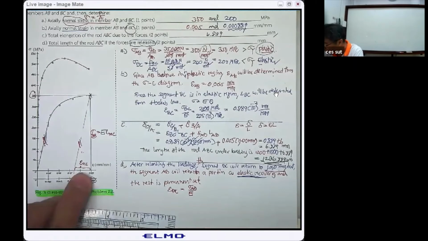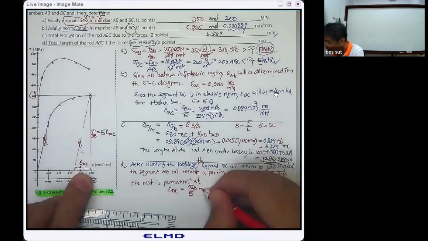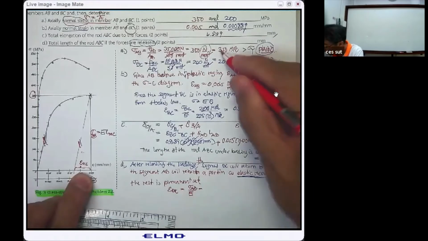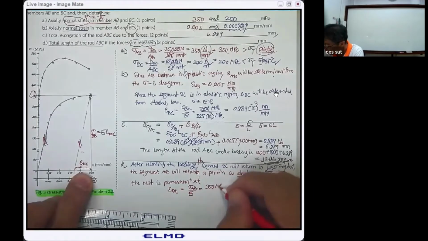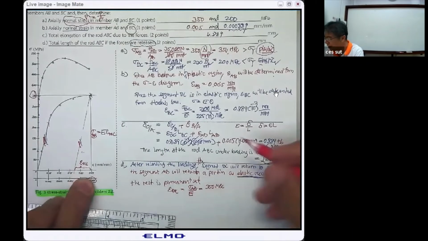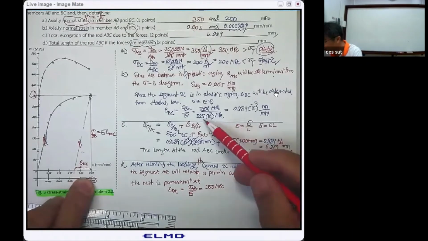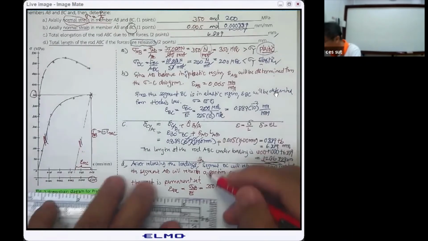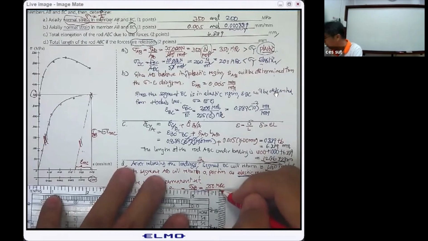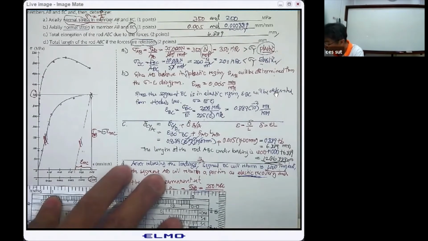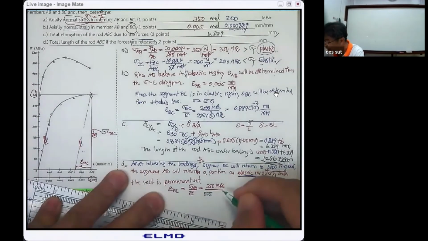So we put everything together. We have sigma sub AB of 350 megapascal. For the E, again, it is here. We divide this by 225 gigapascal, which we change to 225 times 10 to the power 3 megapascal.